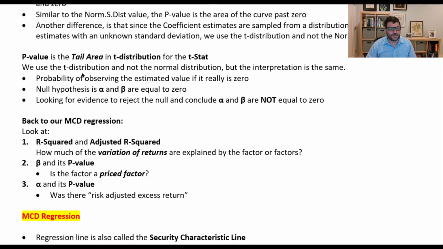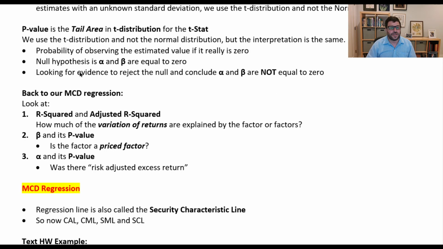So the p-value that we calculate is effectively the tail area in the t-distribution for this t-stat, the same way that the NORM.S.DIST value was the tail area for the normal distribution. The interpretation is the same. The idea is the probability of observing the estimated value that we get, if it's really zero. That's how we interpret this p-value.